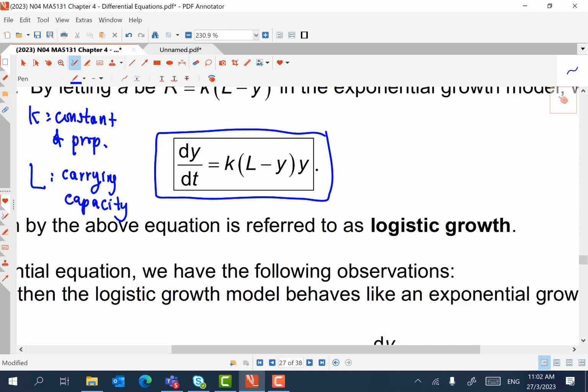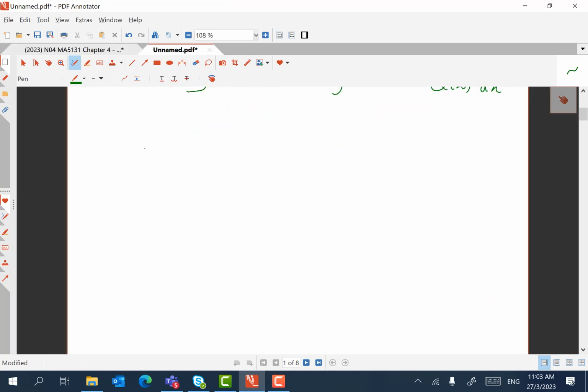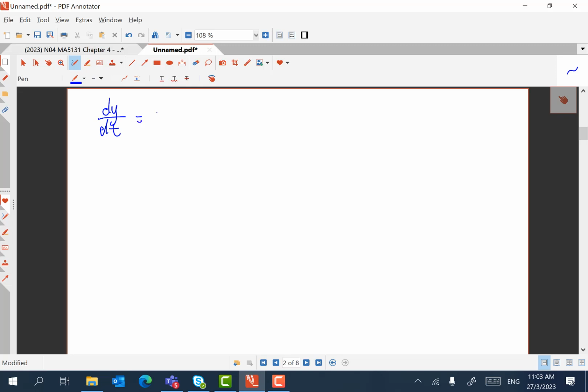So given a DE of this nature, we are going to learn how we can actually solve this DE. You have to memorize that the DE looks like this: dy/dt equals k times L minus y.